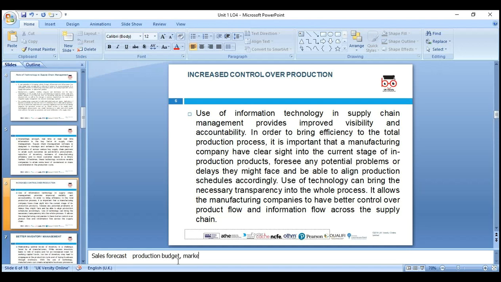Then we can make the material usage budget. Then we can make the material purchase budget.